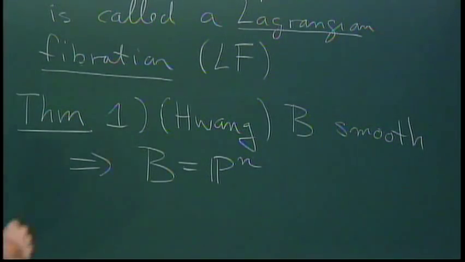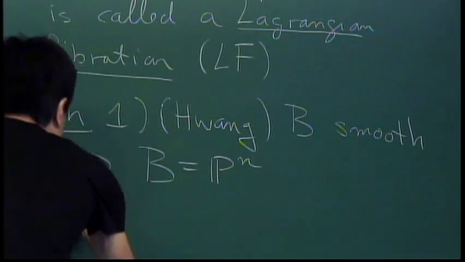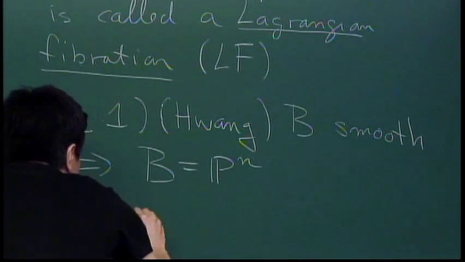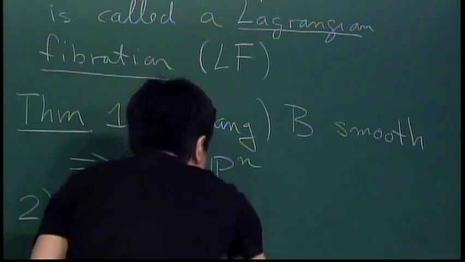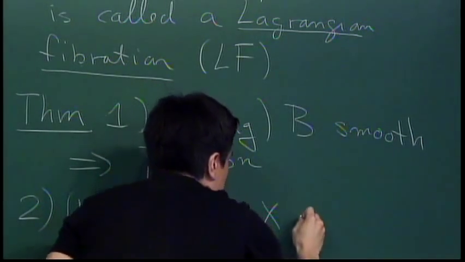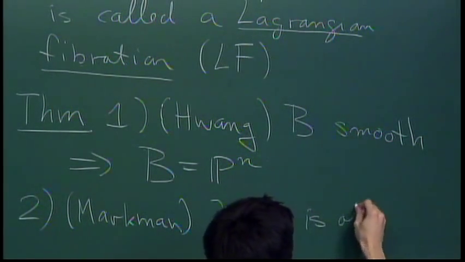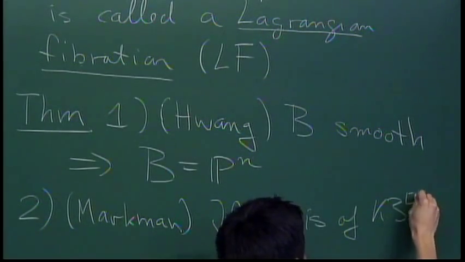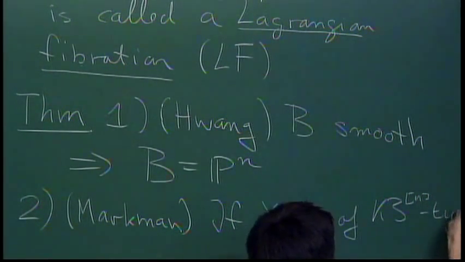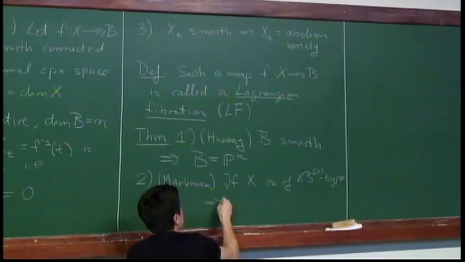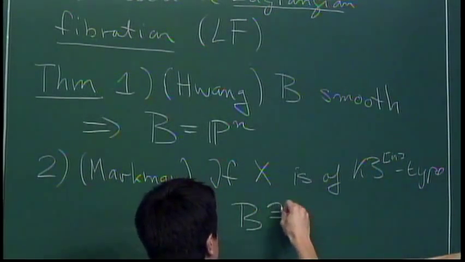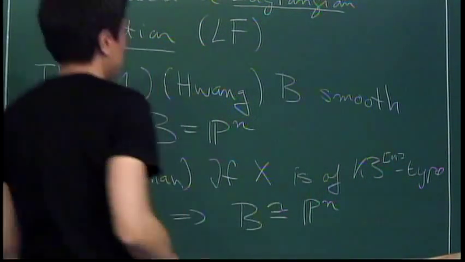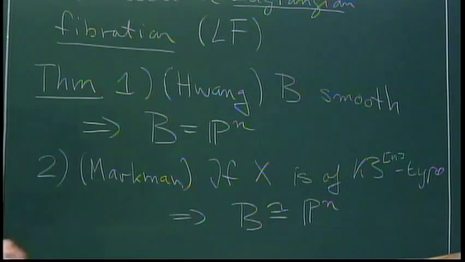And one more thing to say, it's also important for the talk. It was shown by Markman that if X is of K3^[n] type, then we know that this is the case. So B is also isomorphic to P^n.